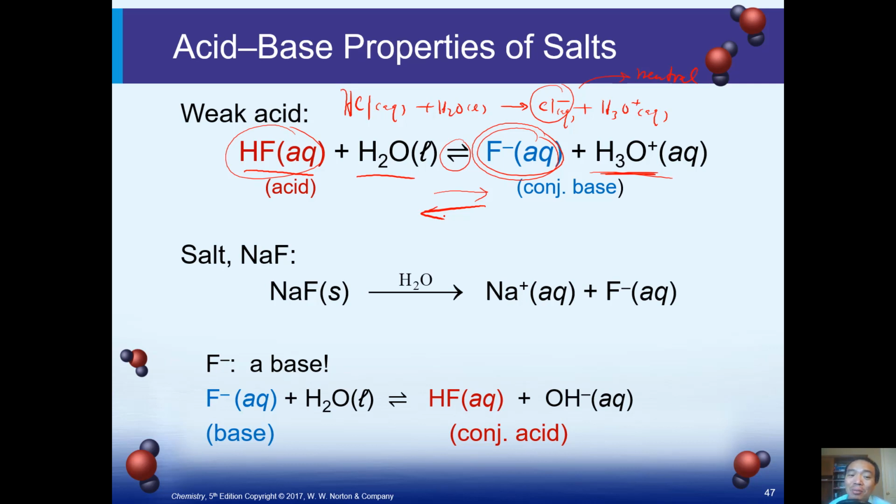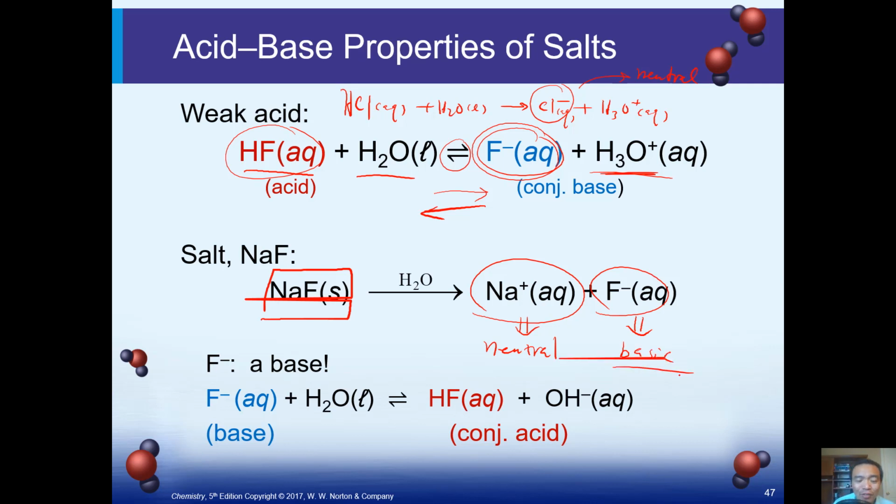We analyzed that already. Now, when you analyze NaF, when it dissolves in water, you generate Na plus and fluoride. The Na plus portion is neutral, so Na plus will not affect the pH. But as we analyzed above, F minus is basic.